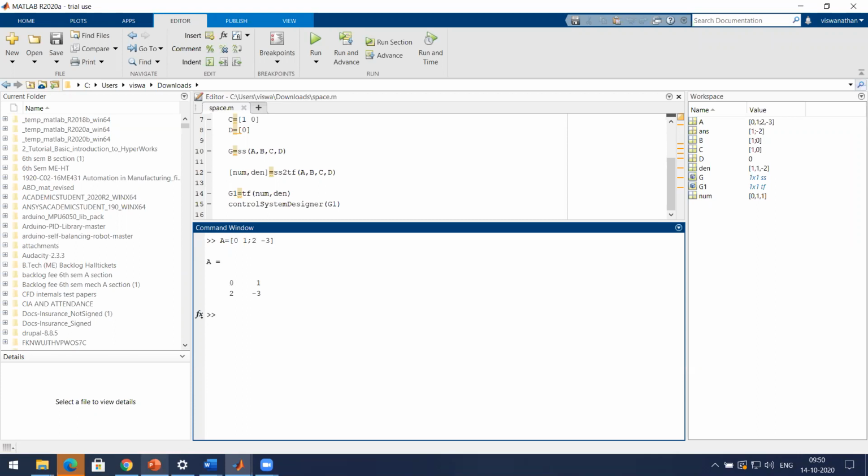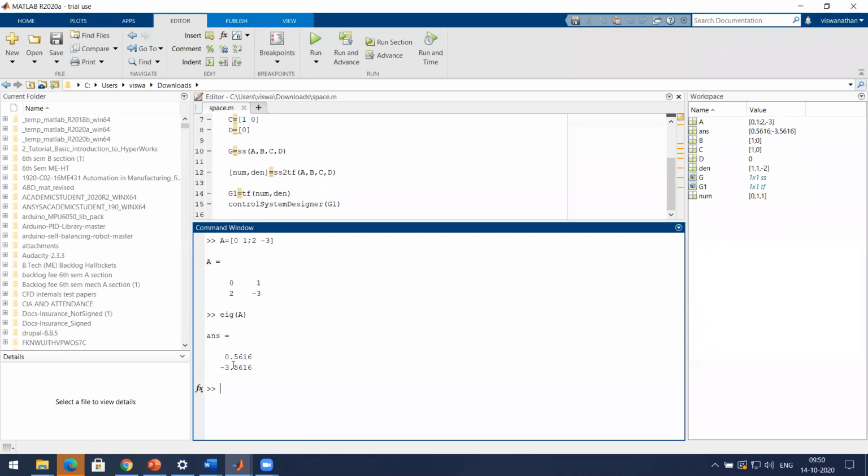That's the matrix which we have defined. And how do you find eigenvalue in Matlab? It is eig and then the matrix. So what you get here are the eigenvalues: 0.56 and minus 3.56.